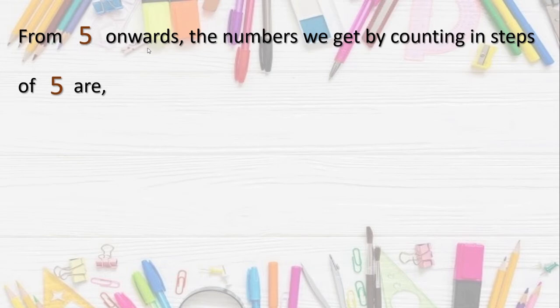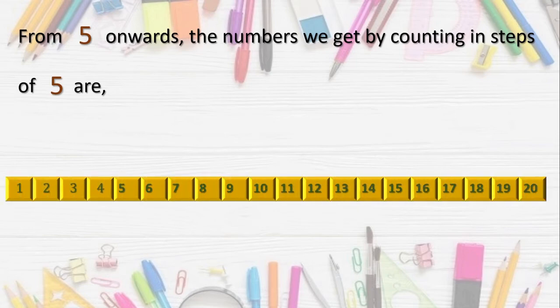Okay, from 5 onwards the numbers we get by counting in steps of 5. Yes, after 5 numbers we have to take the jump. Okay. First we need a number strip. Okay, now we will begin from this 5. Right? It is written here from 5 onwards. So we'll begin from 5 and we are going to jump by using steps of 5. After 5 numbers we have to take the step.